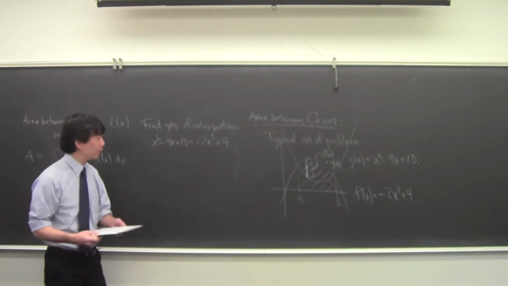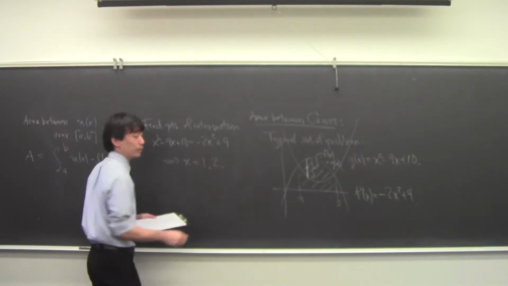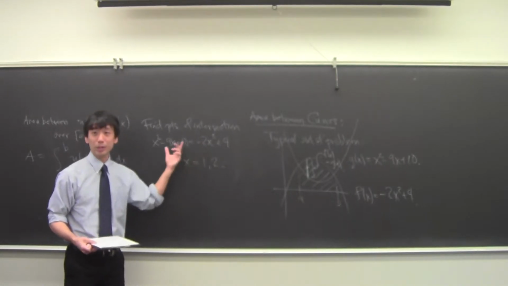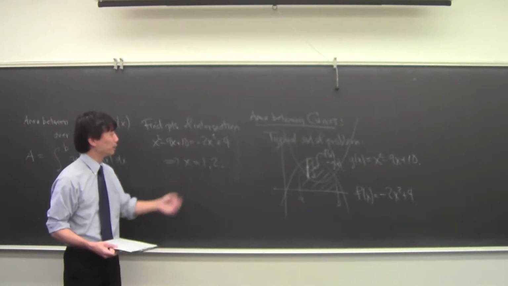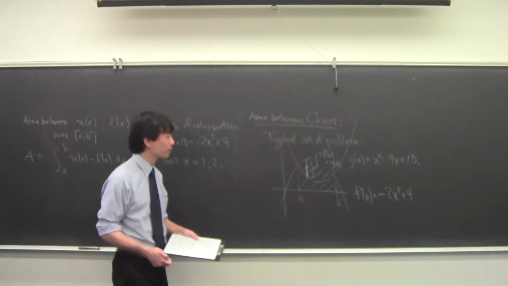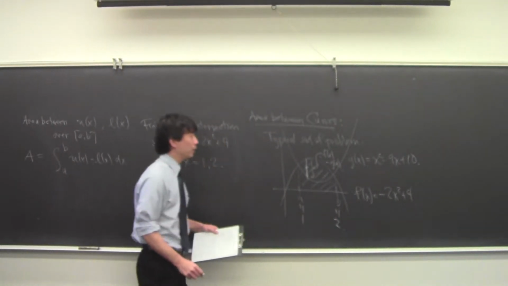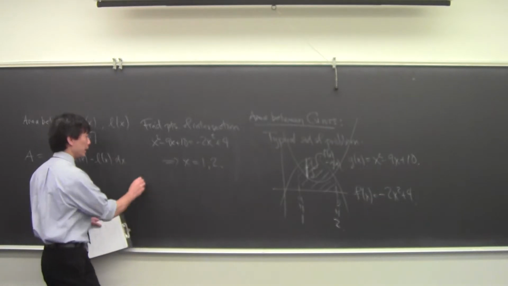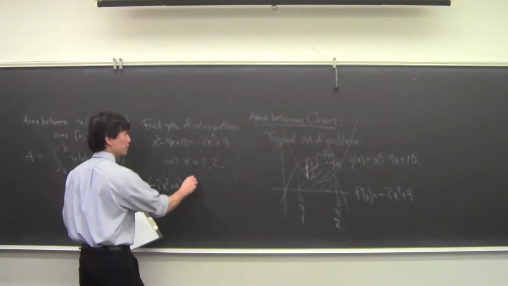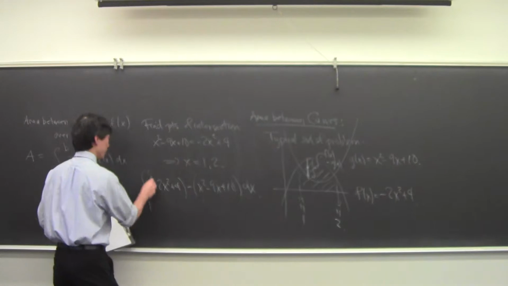It ends up x is either 1 or 2. You move these terms to one side and use the quadratic equation if you need. So you figure out that this is 1 and this is 2. And then you just integrate the upper guy minus the lower guy from 1 to 2.